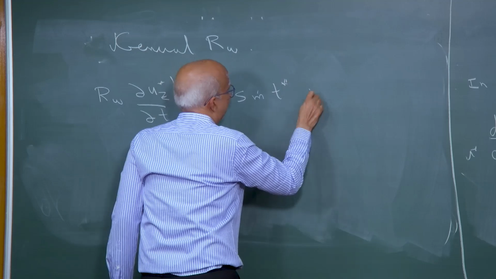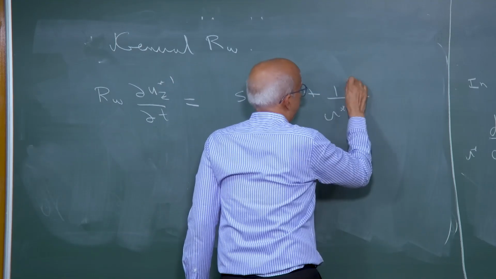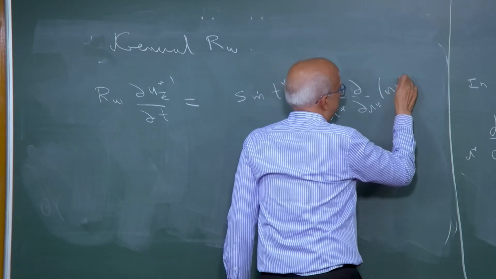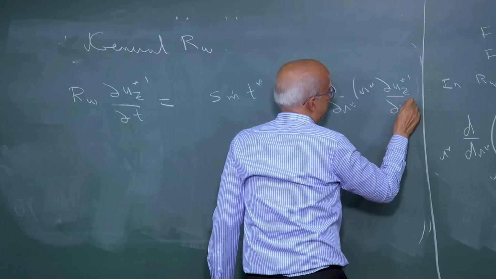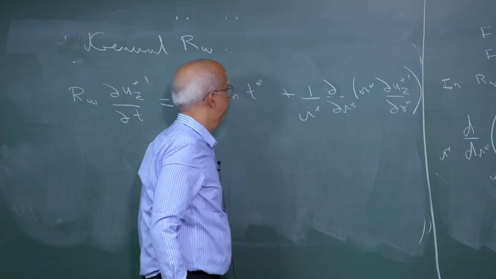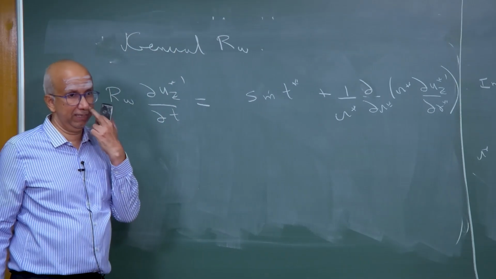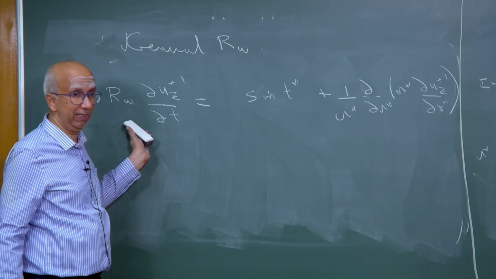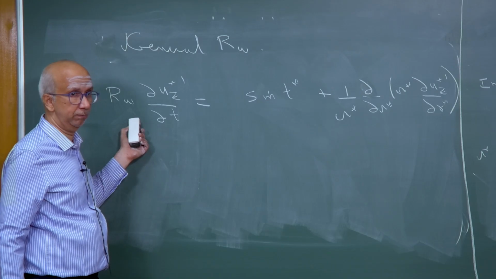T star plus, okay. This is the general equation for general R omega, when we had very low R omega, I neglected this. Now I cannot neglect this because R omega is not very small.